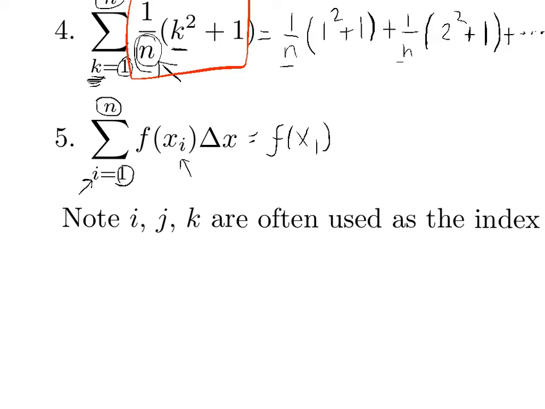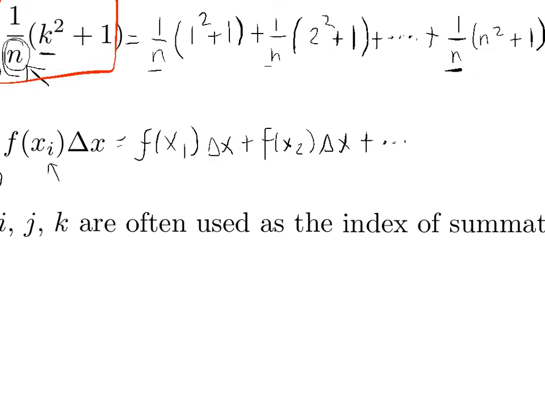No, we don't know what x1 equals. Times delta x plus f of x2, whoops, sorry, that's incorrect. It goes inside the parentheses: f of x2, times delta x, plus ... all the way up to f of xn times delta x. Again, we don't know what x1, x2, x3, xn are. Those would have to be determined some other way. Any questions about that?